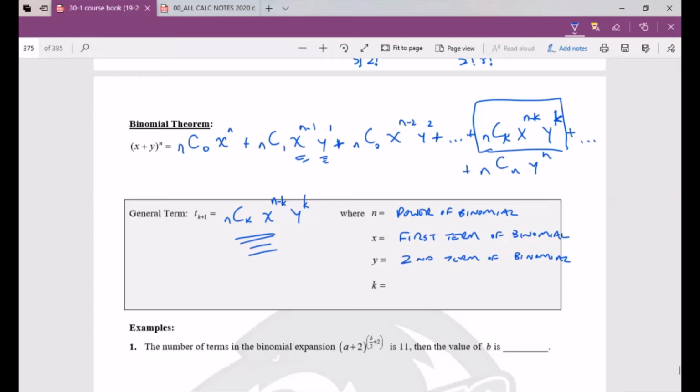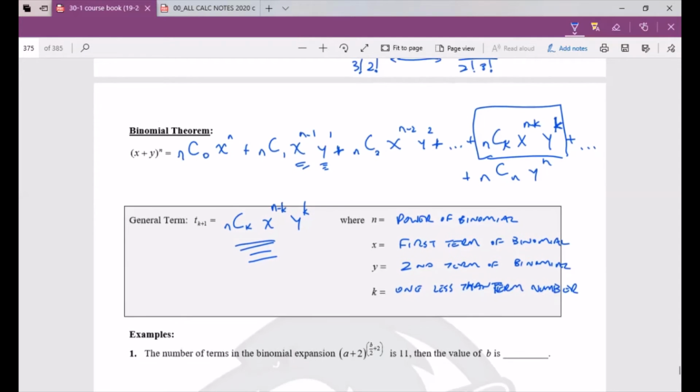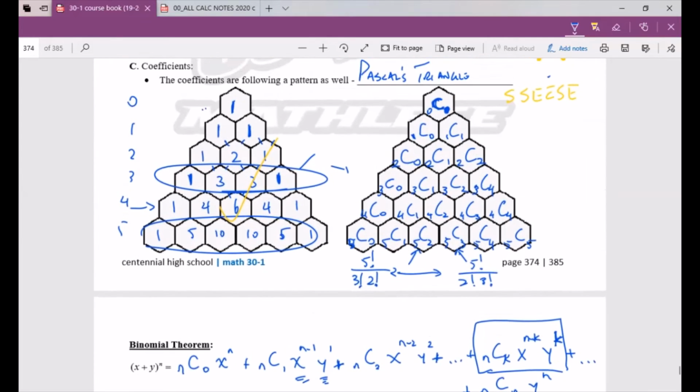Our k ends up being 1 less than our term number. Essentially k is starting at 0. K is what back here on this page we were counting when we had 5C0, 5C1, 5C2.